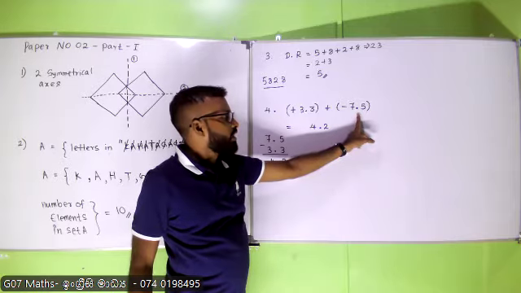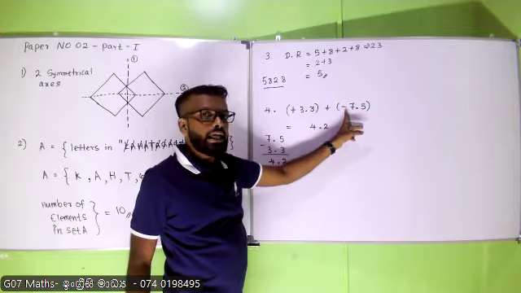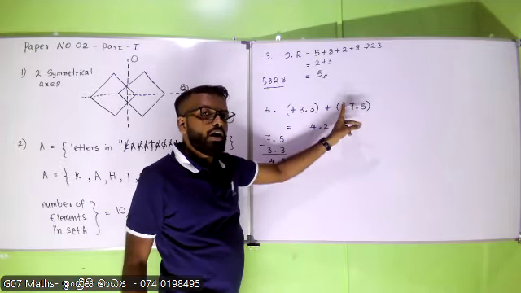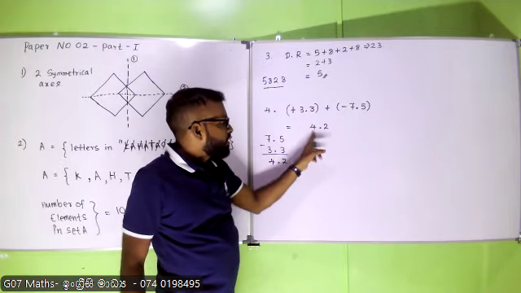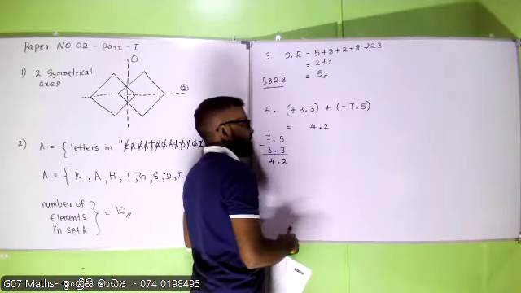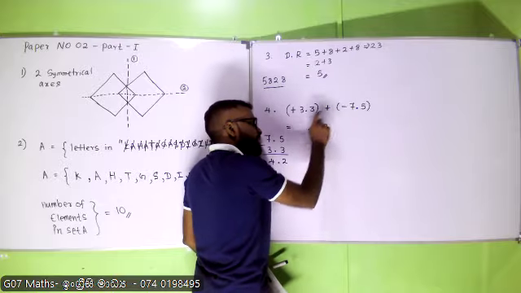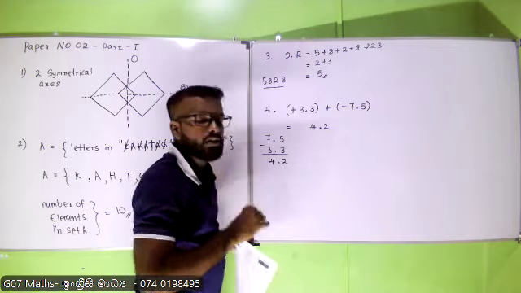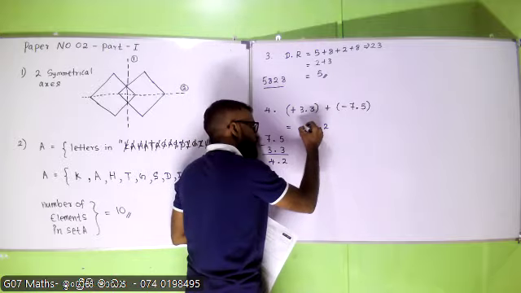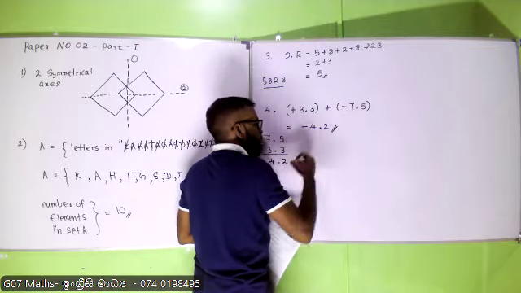What is the sign of the biggest number? Negative. Negative should be the sign of your answer. So your answer definitely should be negative. Your answer should be negative 4.2.